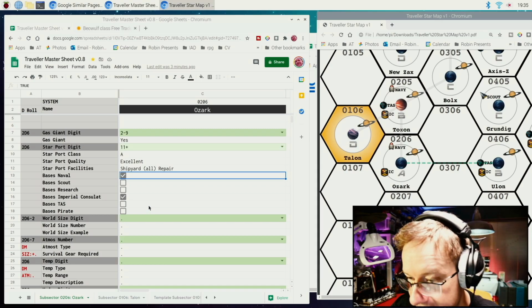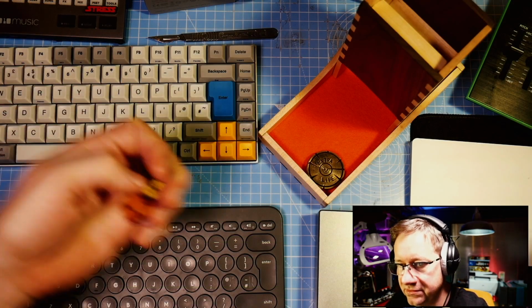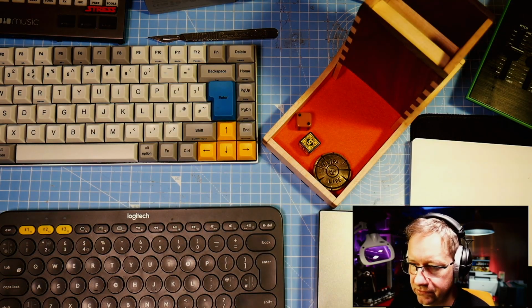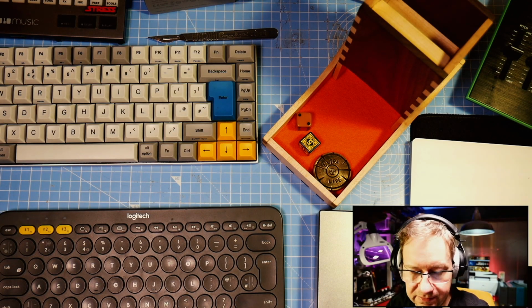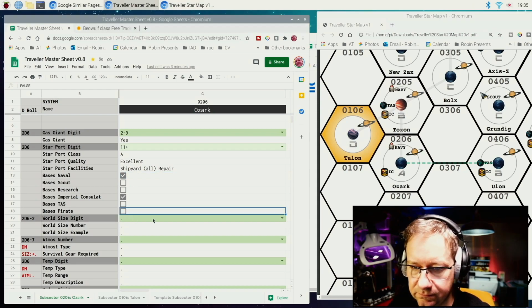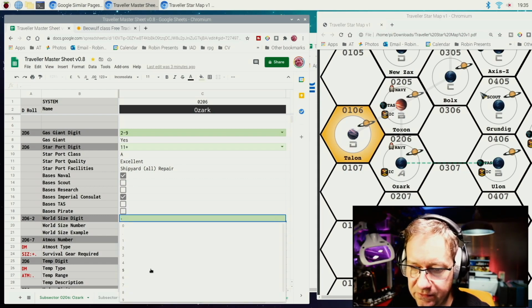So if I just get my dice together, what I tend to do is just switch down here, and you can just see me using my dice tray or tower. So I've got a 7, so that's not too bad. It's 7 minus 2, so it's a 5. When I say not too bad, it's still relatively small.